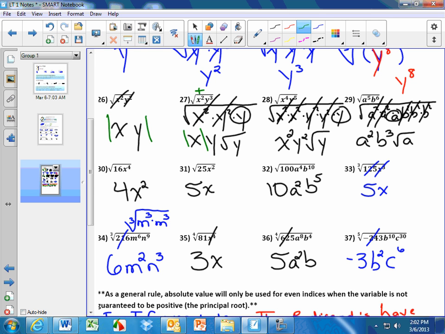It forces y cubed to be positive, which forces y itself to be positive. The only way you cube a number and get a positive is if the number that you started with was positive. So you see that line of thought? The first thought was the whole radicand. Second thought was x squared is always going to be positive. And the third thought was, well, if x squared is positive, that forces y cubed to be positive. And the final thought, if y cubed has to be positive, y itself is positive.